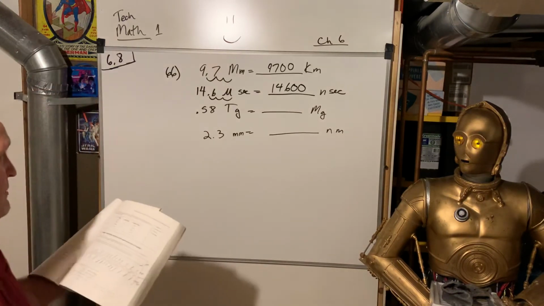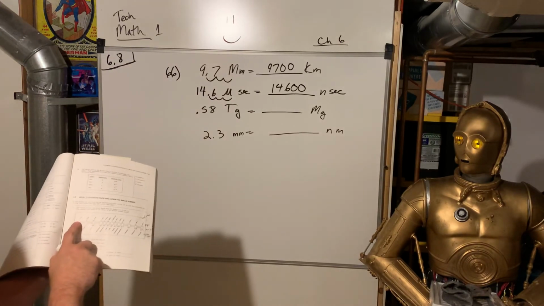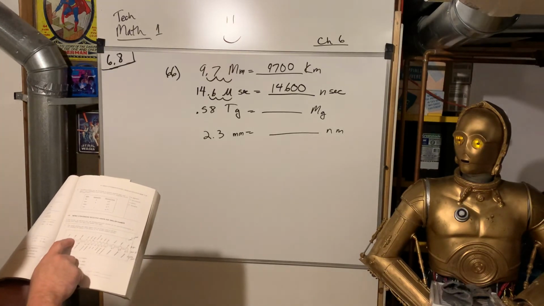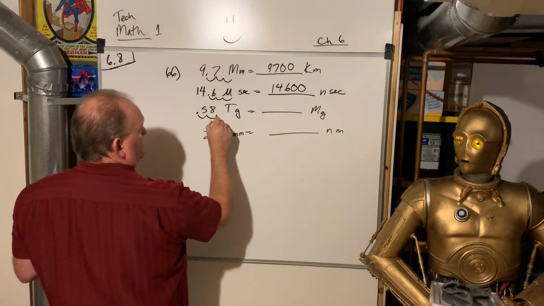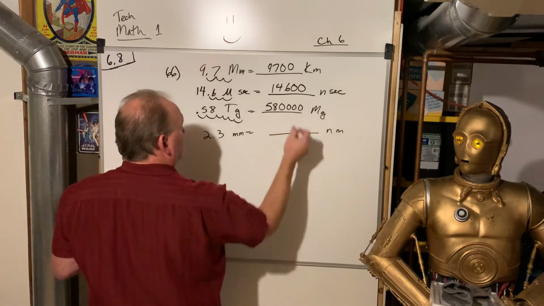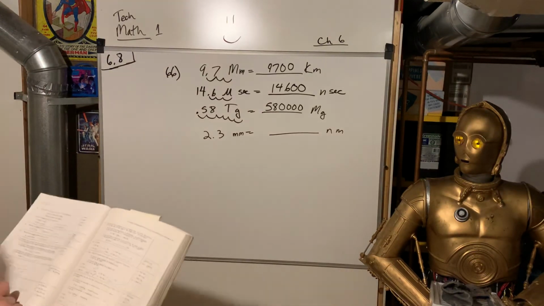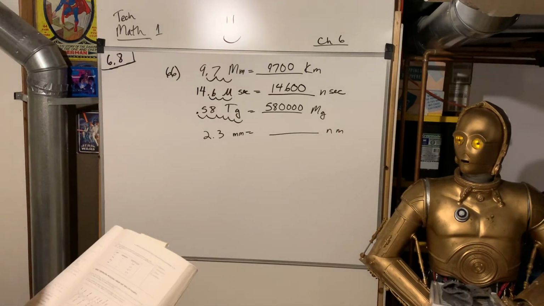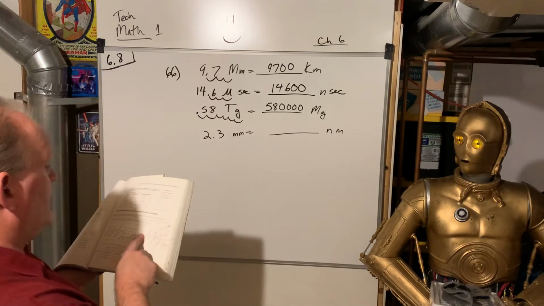And then 0.58 teragrams, that's way far to the left there. Teragrams to mega is 1, 2, 3, 4, 5, 6 places to the right. That's a 58 with 4 zeros, so 580,000 megagrams. All righty. And then the last one, 2.3 millimeters. We know what those are. You start there, and they want to go to nano.